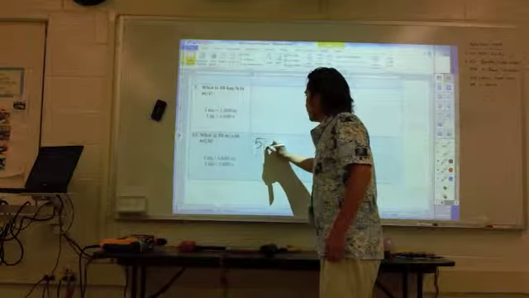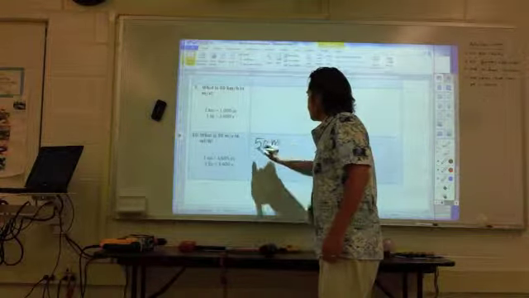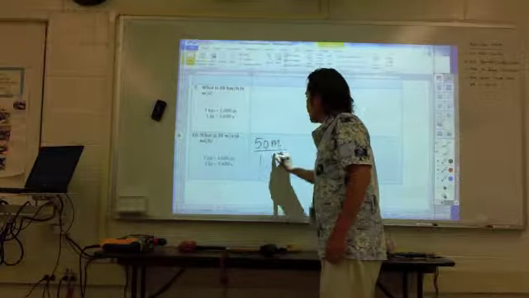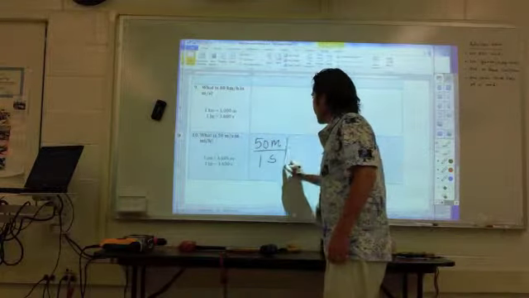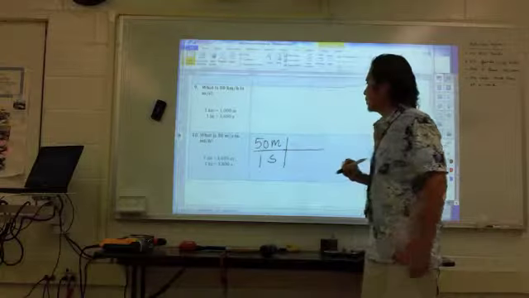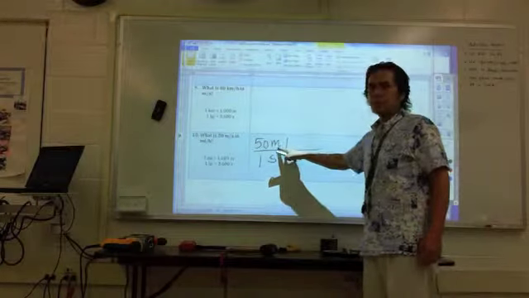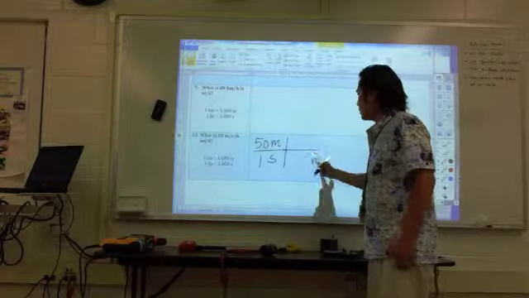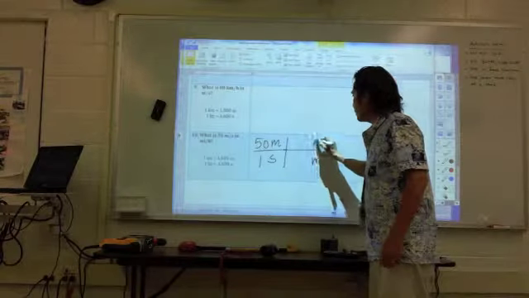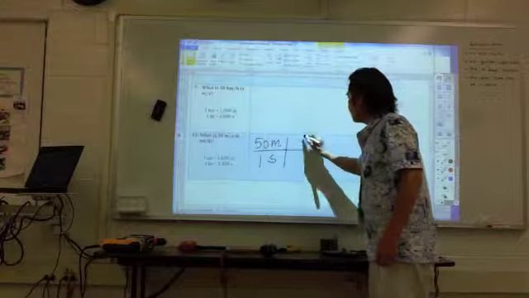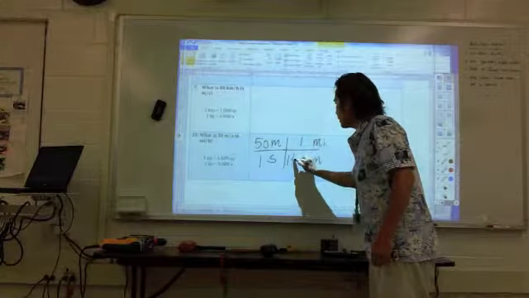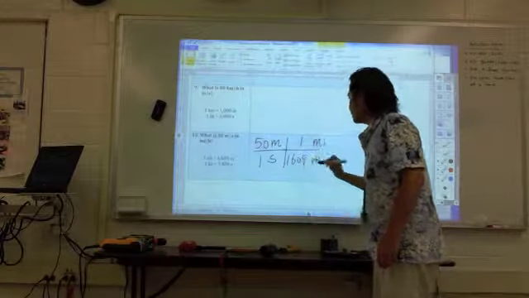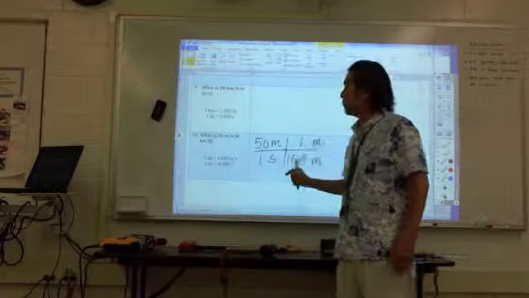Write your starting quantity, 50 meters in 1 second. Extend the cross. Okay. Get rid of the meter by putting meter downstairs. And instead of the meter, we want to end up with the mile. And 1 mile is 1609 meters, according to the first conversion factor.